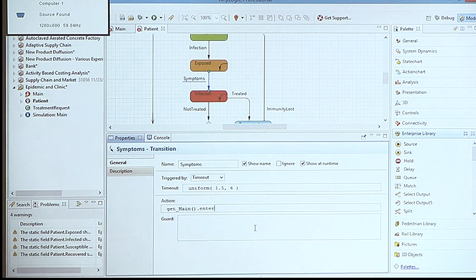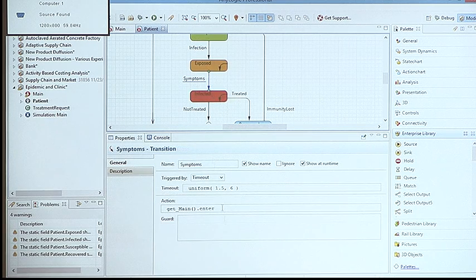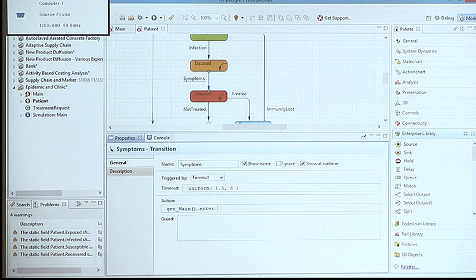This is the first object in the flowchart. Take new treatment request parameterized by myself. Oh, sorry. This. So I request treatment.